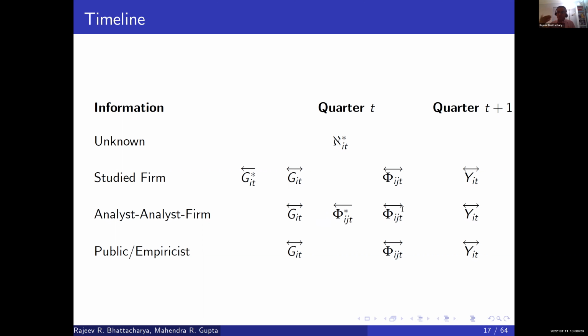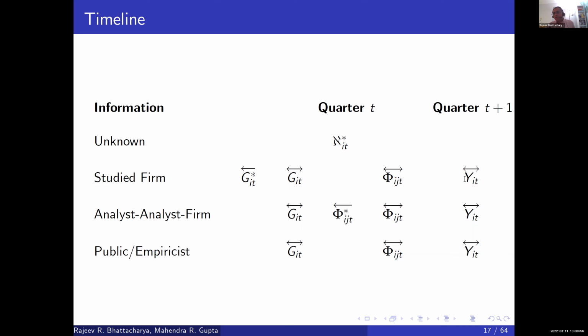That's the analyst forecast that it makes about studied firm I in quarter T. In the beginning of quarter T plus 1, YIT double arrow is the firm's announced earnings about its earnings in quarter T. As I said earlier, if we were to measure the probabilities of diligence, objectivity, and moral hazard, we do not need to make any further assumptions.